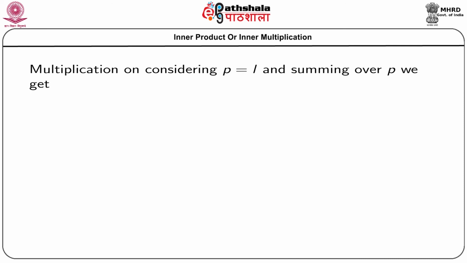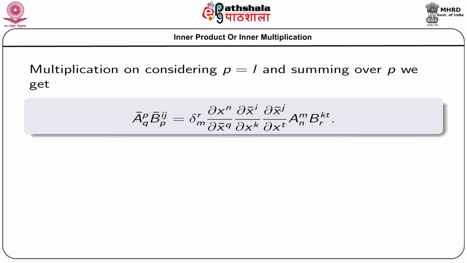Now, we make the contraction by taking P equals to L and summing over P, we get this factor A bar PQ B bar IJP. We have taken L equals to P. So, this gives rise to this factor on the right hand side, that del r m with del x n del x bar q del x bar I del x k del x bar j del x t A^{mn} B^{ktr}.